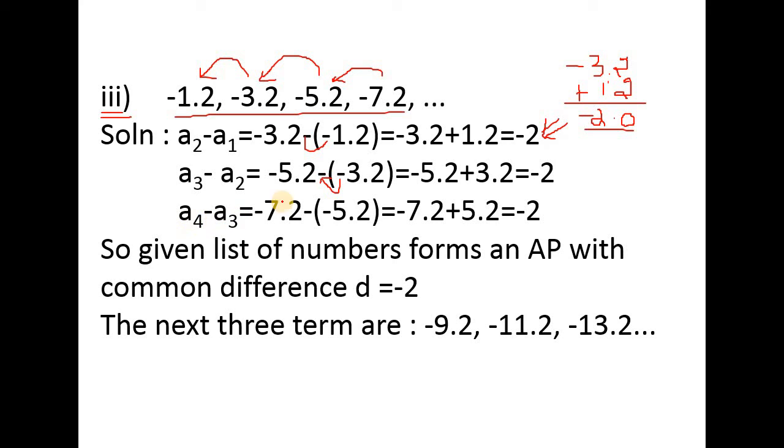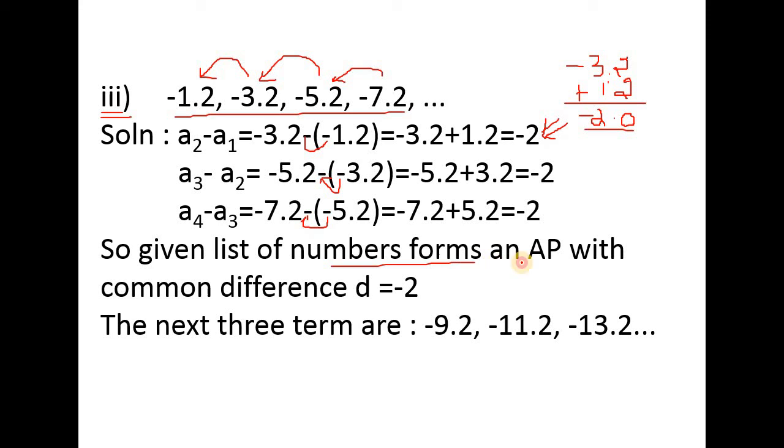Similarly, A4 minus A3. The fourth term is minus 7 by 2, minus the third term minus 5 by 2. Minus into minus is plus, so minus 7 by 2 plus 5 by 2. You subtract, and similarly you will get minus 2 by 2. So here the common difference is the same.